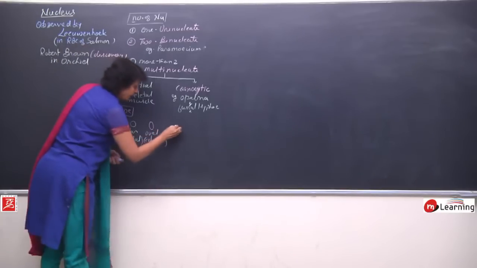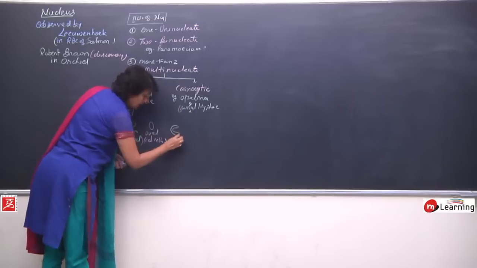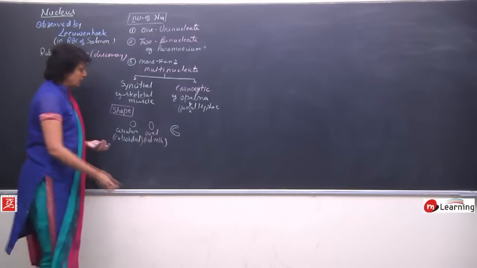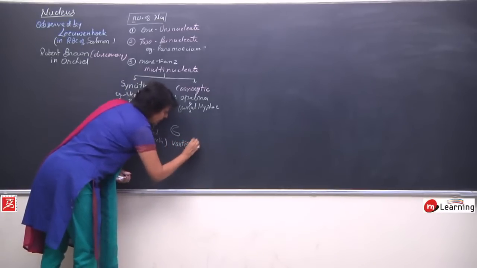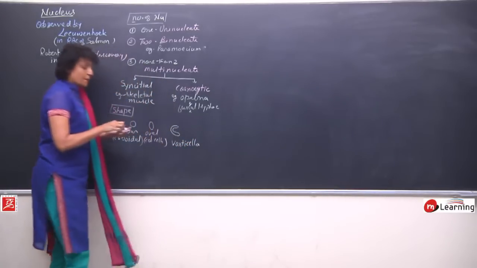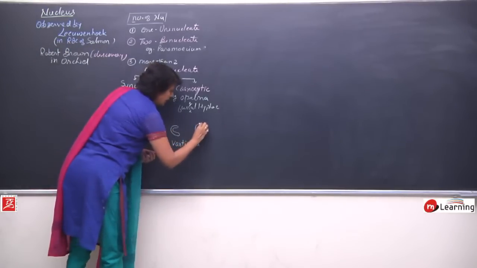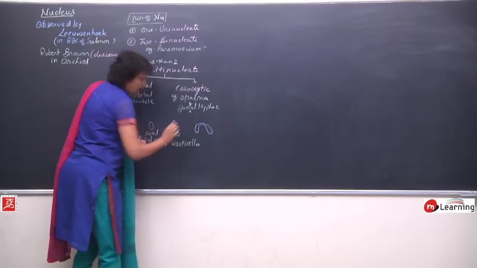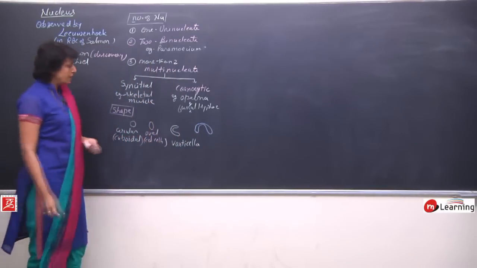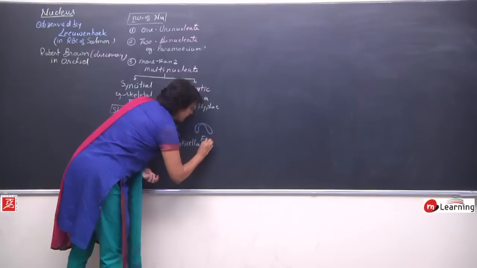Horseshoe shape, the nucleus is horseshoe shaped in vorticella. Bilobed nucleus is found in acidophils or eosinophils.